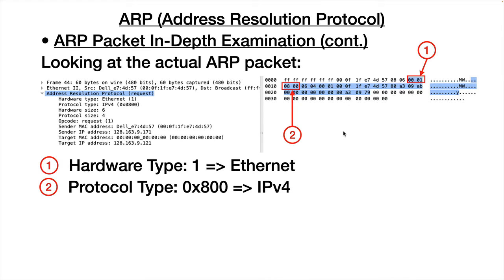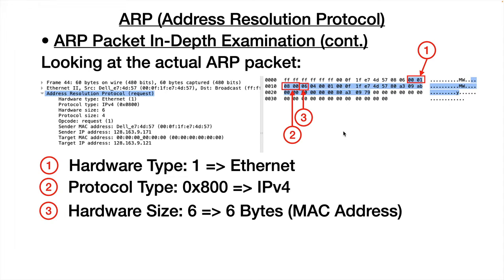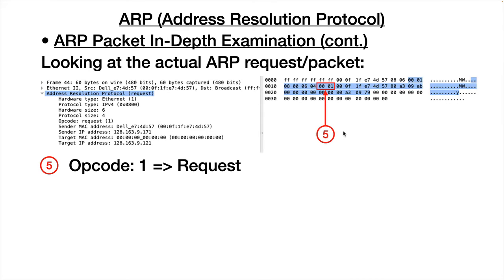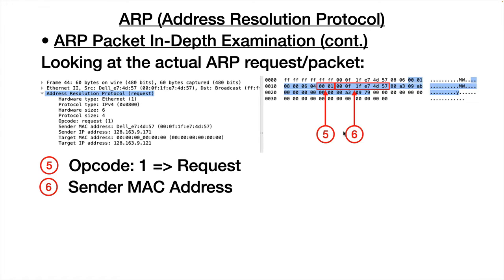The protocol type is 800, which is IP version 4. The hardware size is 6, which means 6 bytes, which means we have a MAC address. The protocol size is 4, which means we have 4 bytes because this is an IP version 4 address we're looking at. The opcode is 1, which means this is a request.